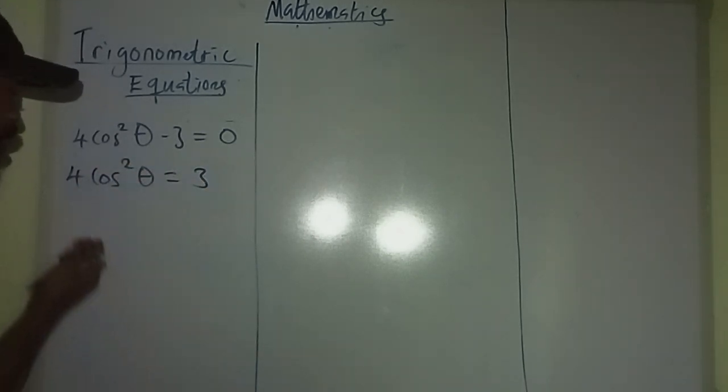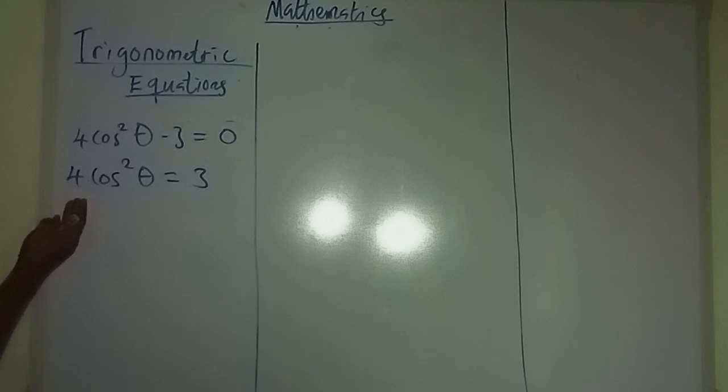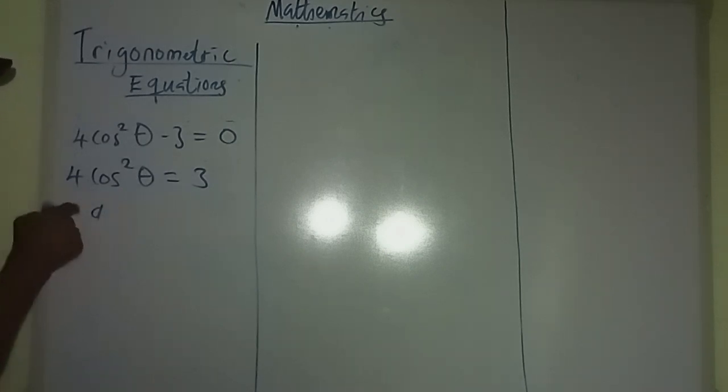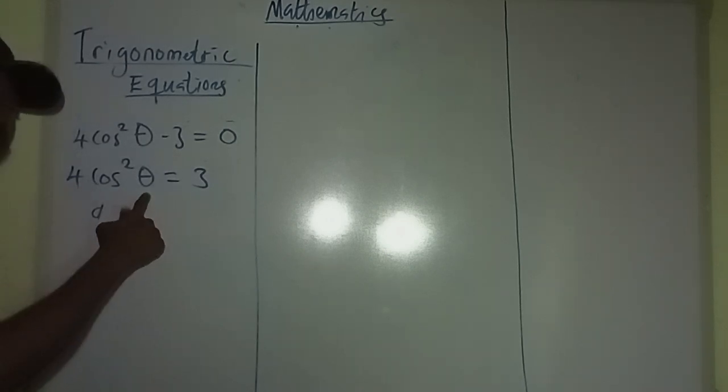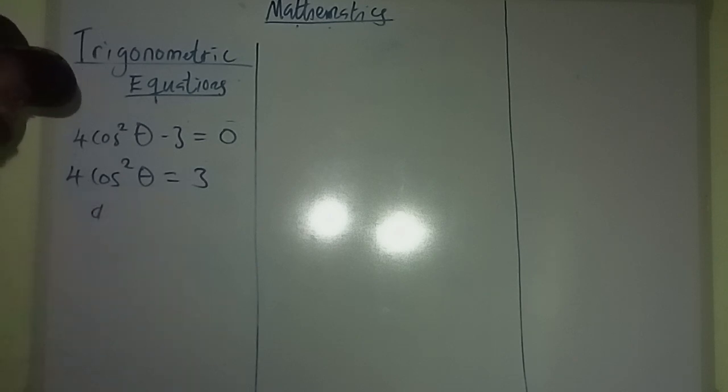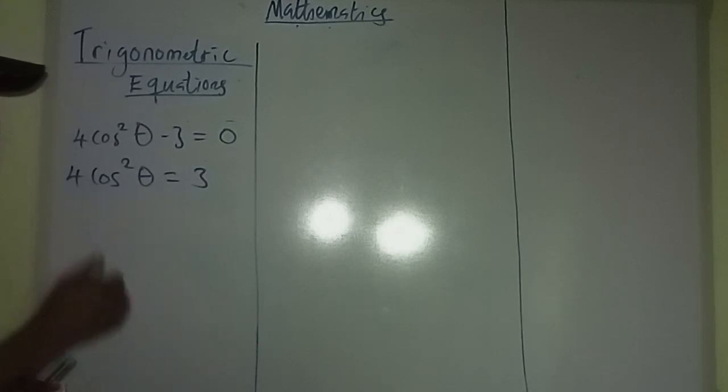Next, we get rid of 4. How do we get rid of 4? We divide both sides by 4. As you can see, 4 is multiplying cos squared theta, so to get rid of it, we need to divide both sides by that 4, so it can be cancelled out.